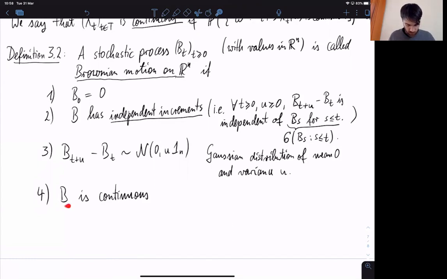Of course you want that each time the pollen moves, it should follow a continuous movement. The increments are independent, so once it has moved after a time, it's the same as if you would start at this time again. In particular, it should be independent of what happened before.